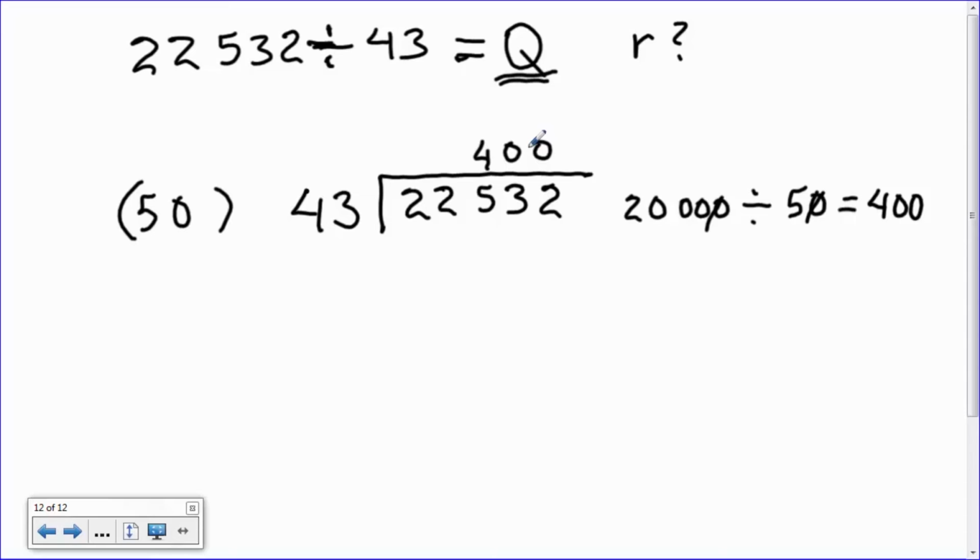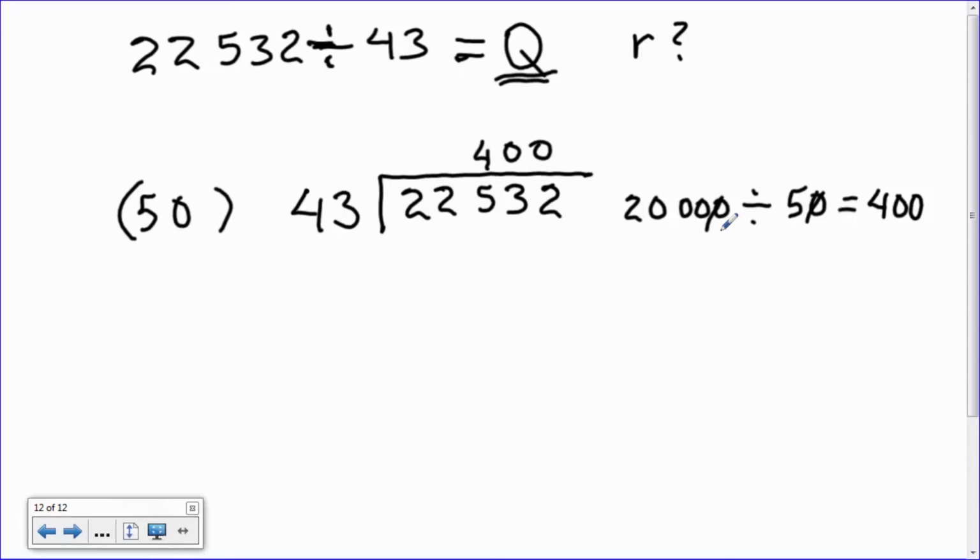So I know for sure 400 is smaller than the actual quotient. So I can distribute 400 objects to 50 groups, and it'll give me a total use of 20,000 of the objects.